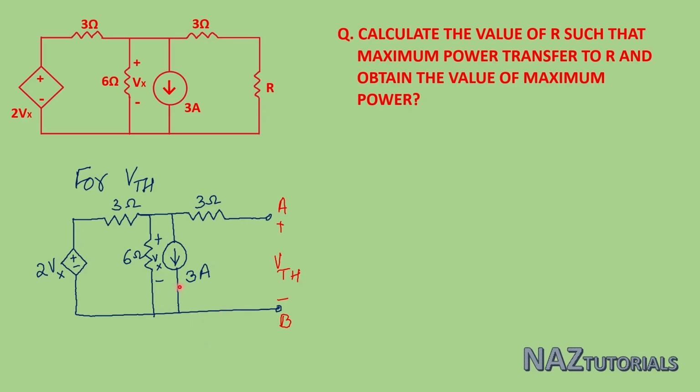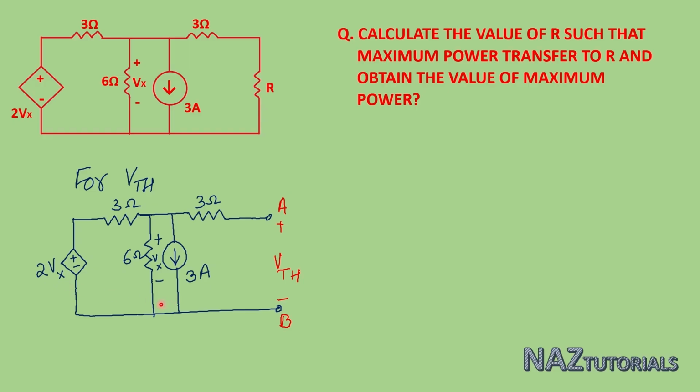If you analyze this 3 ampere current source that is connected with the 6 ohm resistance in parallel, you can think about source transformation, but in this circuit this is not possible because the 6 ohm voltage Vx depends upon this dependent source voltage value 2Vx.